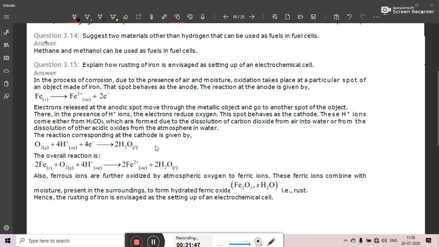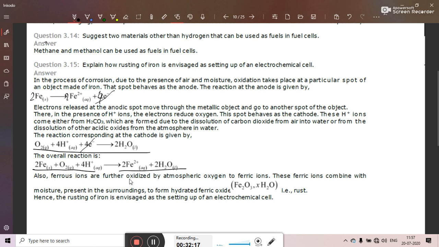The overall reaction: when you add the two reactions, multiply the anodic reaction by 2, so you get 2Fe gives 2Fe2+ plus 4 electrons. Now the 4 electrons cancel. So on the left hand side we remain with 2Fe plus O2 plus 4H+, and on the right hand side 2Fe2+ and 2H2O. So this is the overall reaction.